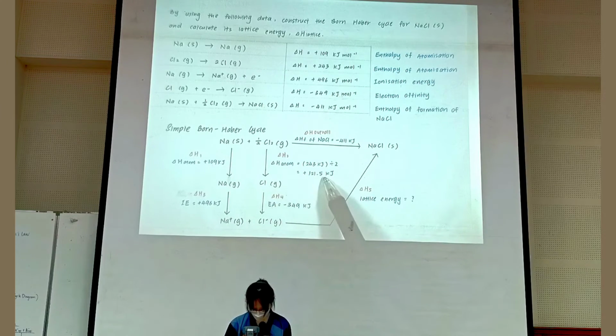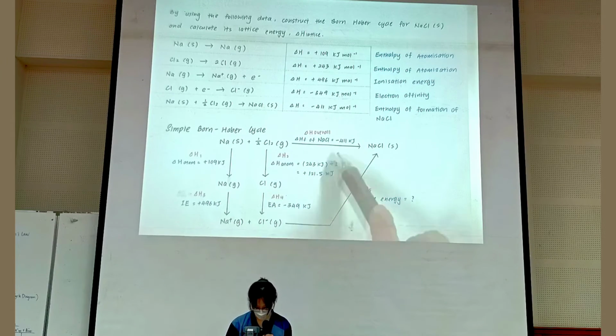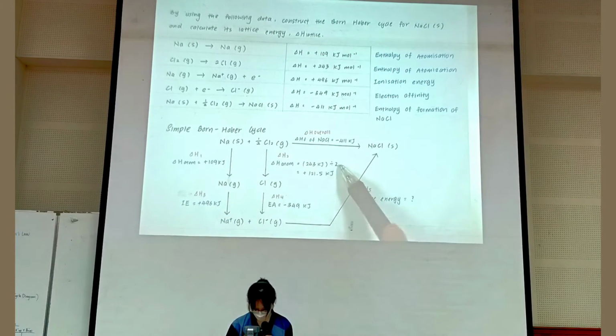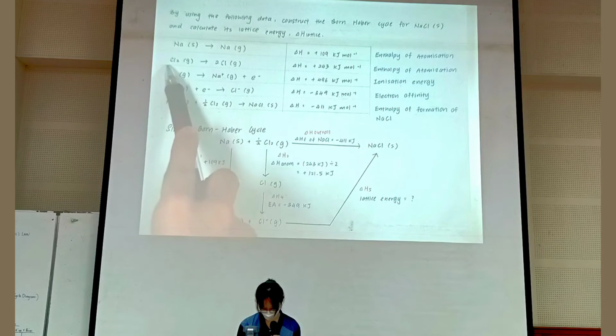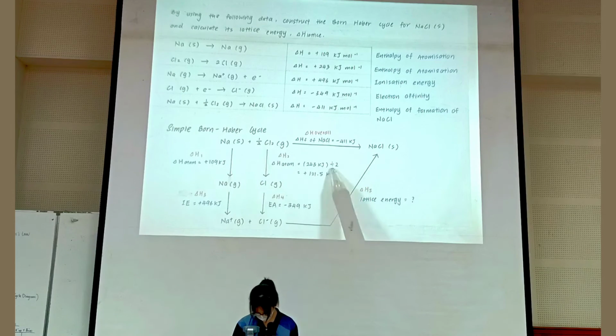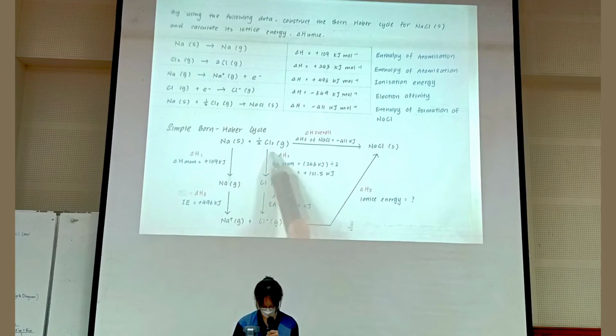For the enthalpy of atomization for chlorine, we have to divide the value given in the question by 2, because the question gives us 1 mole of chlorine, but our equation has 1/2 mole of chlorine. So that is the second step.